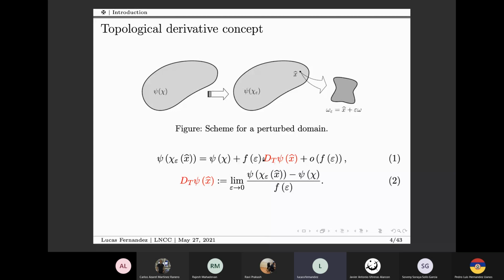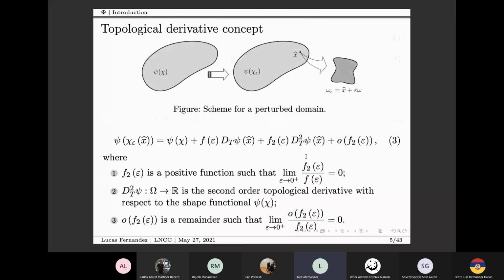However, from the numerical point of view, the first order topological derivative alone doesn't provide enough information to achieve a good reconstruction of the obstacles. So we need more terms in this asymptotic expansion.